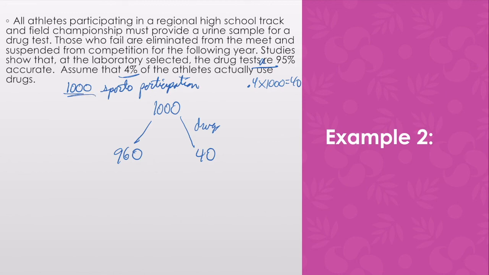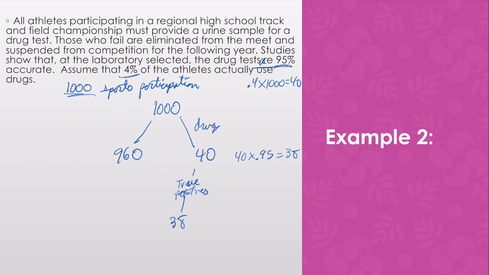And I give them all the drug test, which is 95% accurate. So if I take 40 times 0.95, that gives me 38. So 38, this is our true positives. That'd be 38 high school athletes who are on drugs and tested positive.